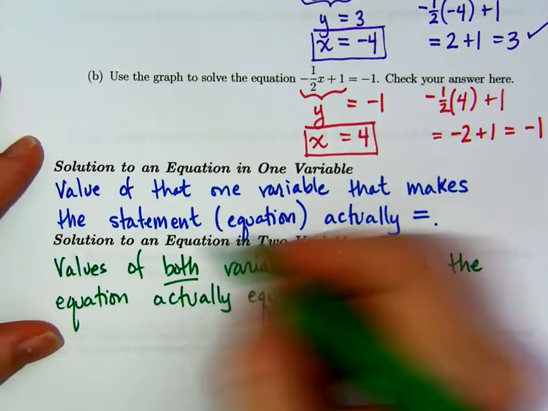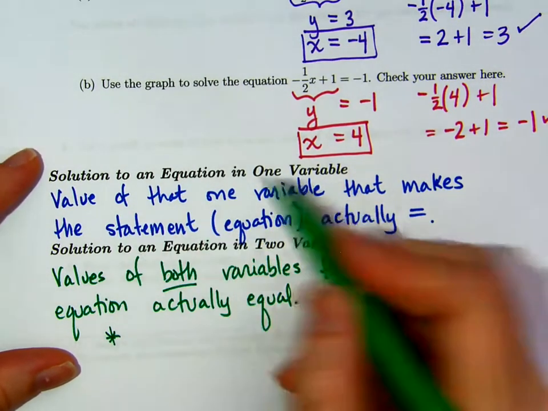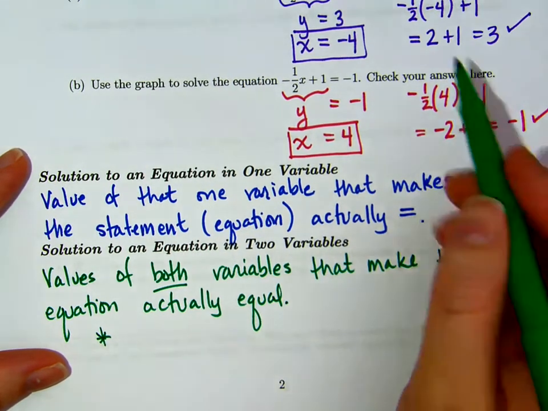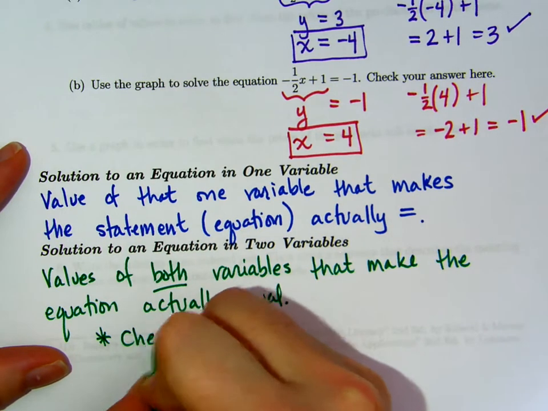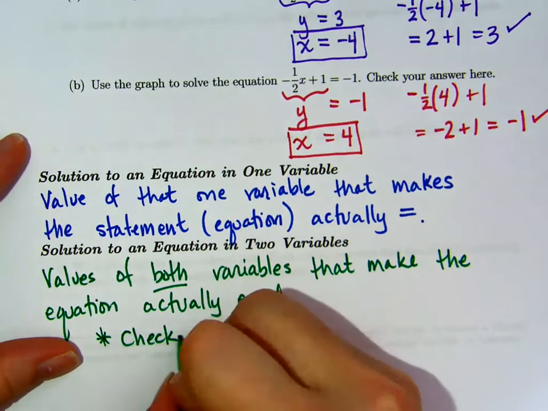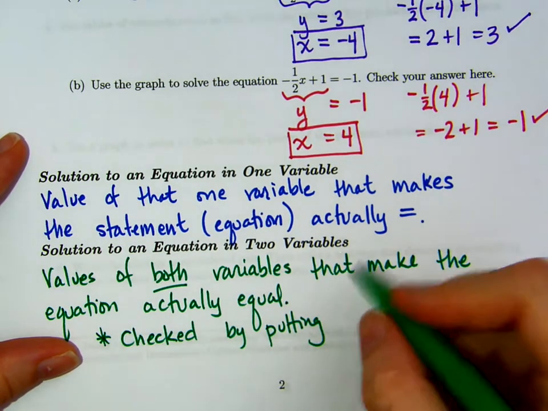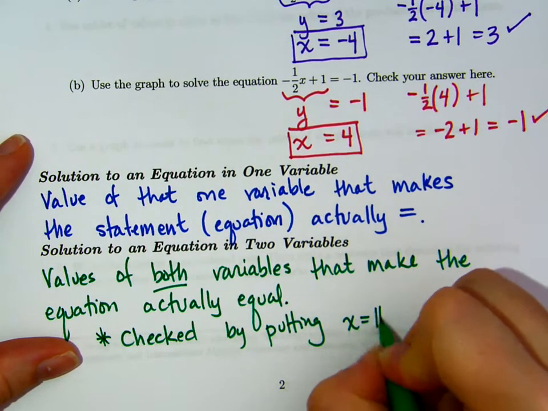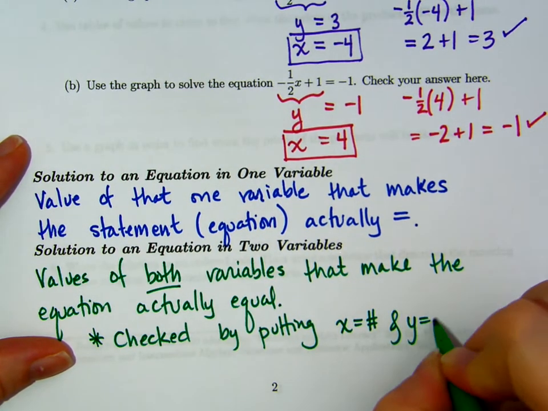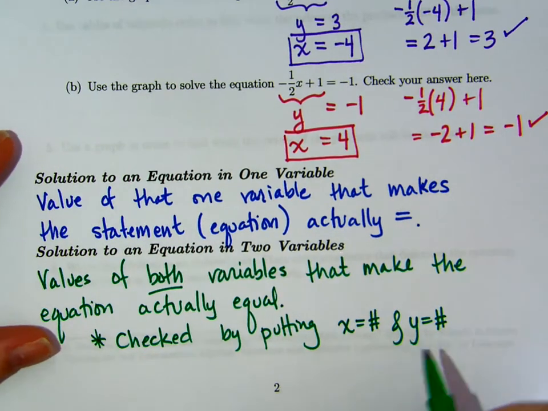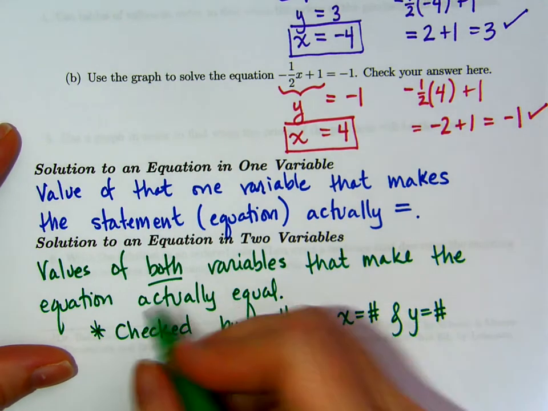I want to mention that these can be checked as well. We checked these solutions in one variable up here, but these are checked by putting x equal whatever number and y equals whatever number as a coordinate pair into the equation simultaneously to make sure it works.